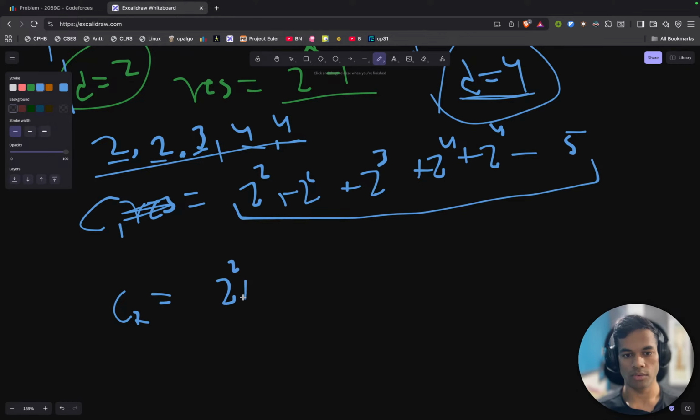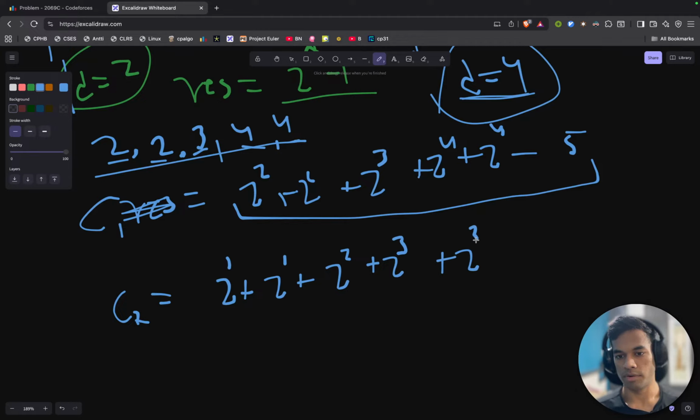So 2 power 2 plus 2 power 2 plus, this is not 2. This is supposed to be 1. 2 power 1 plus 2 power 1 plus 2 power 2 plus 2 power 3 plus 2 power 3, and still we will do minus. No, now the value will be minus 4.